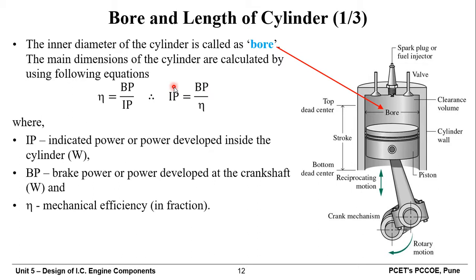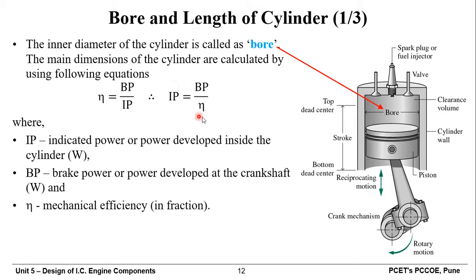And when I start discussing these bullets with you, just look at the top view so that you will get an overview of how the design process starts, because ultimately by considering various factors we calculate the dimensions of the cylinder, such as bore and length, for which the design will be safe.